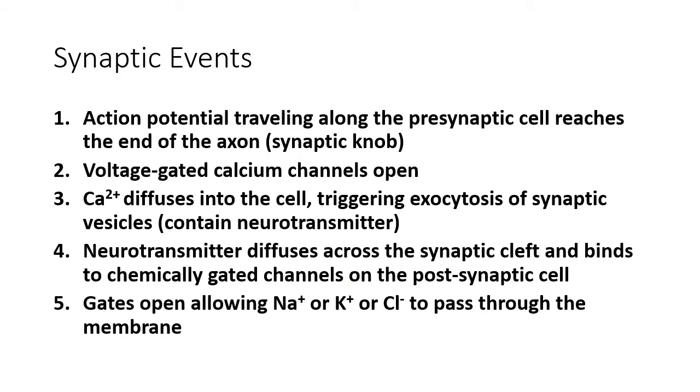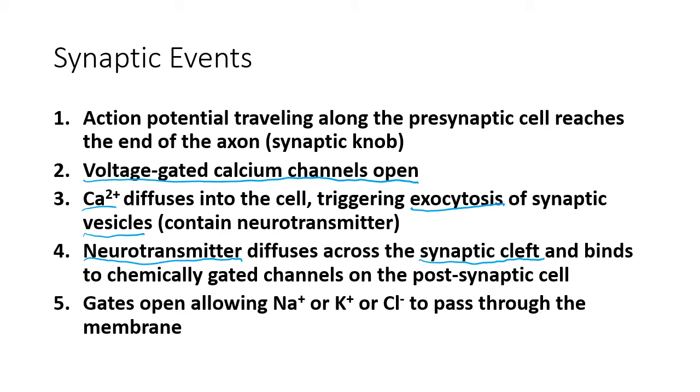So just to review what we just saw in the picture itself. The action potential travels along that presynaptic cell, comes down to the end bulb, and that causes voltage-gated calcium channels to open up. Calcium starts to rush into the inside of the cell, and this causes exocytosis of our vesicles. Those vesicles, as they open up, release neurotransmitter out into the synaptic cleft.